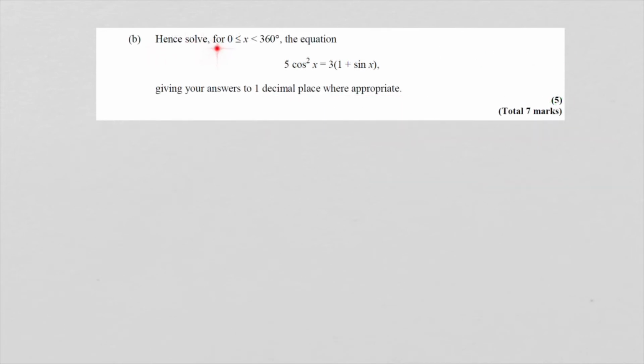B. Hence, we need to solve for x for the boundary 0 less than or equal to x less than or equal to 360 degrees. We've already simplified the equation, and I remember we got 5 sine squared x plus 3 sine x minus 2 equal to 0. So we can say let y equal sine x, because I recognize a quadratic function here.